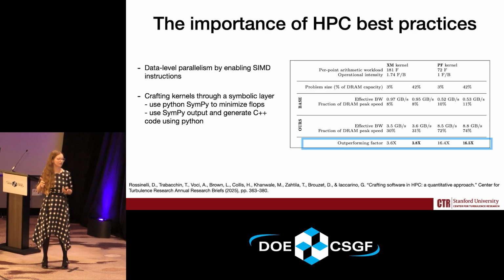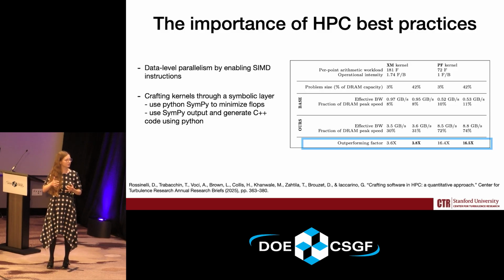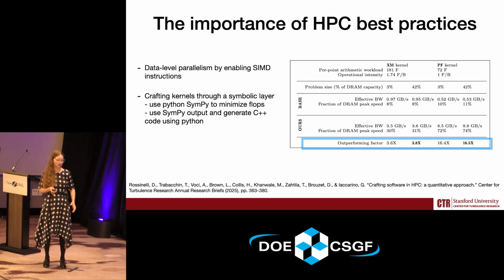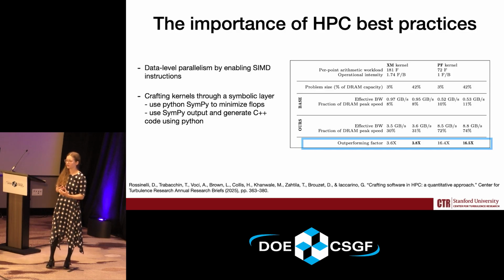And then the second one is the importance of the symbolic layer. A symbolic layer is for when you have a very hairy PDE to solve, like Navier-Stokes, for instance, and you have a lot of terms. You want to minimize the number of flops, but you also want it to be human readable. So we coded all of the terms in Python, and then we had the package SymPy minimize the number of floating point operations.